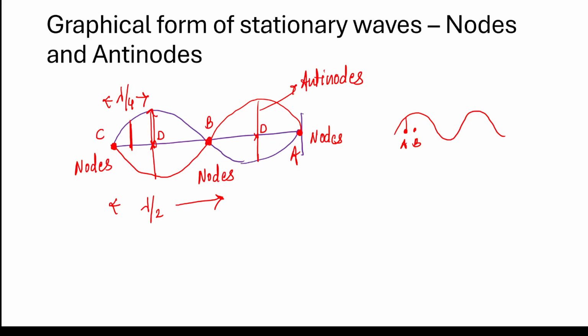Okay, so just to remember, let me make a diagram here. If I have a string set up on a pulley kind of arrangement with a weight hanging on it, I can set up stationary waves on this and make the string vibrate in a stationary wave pattern.